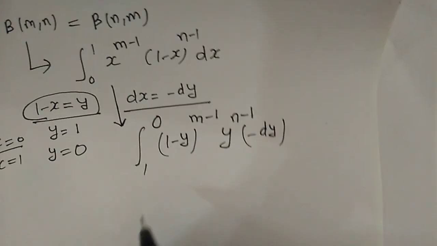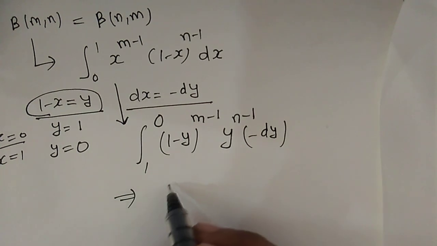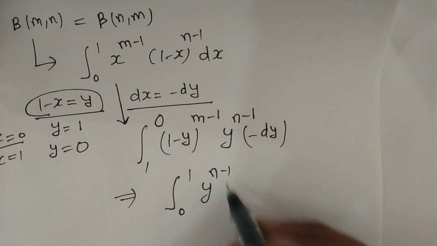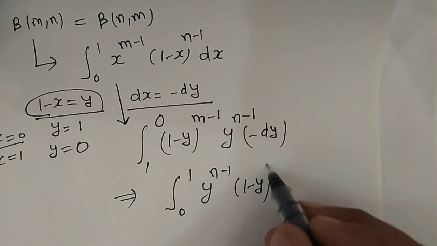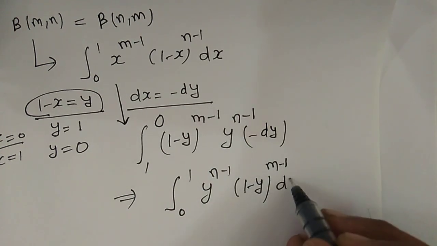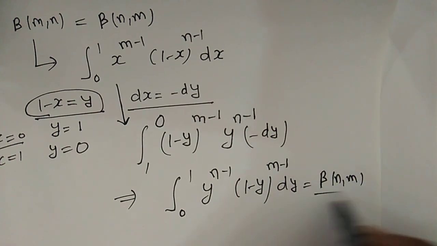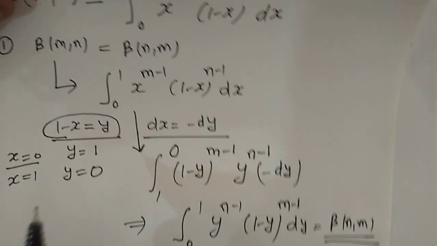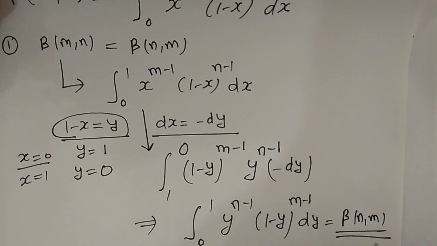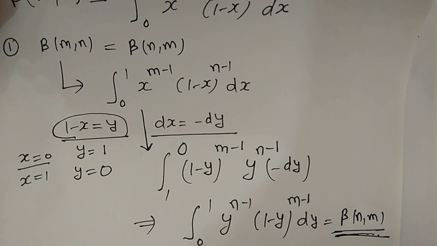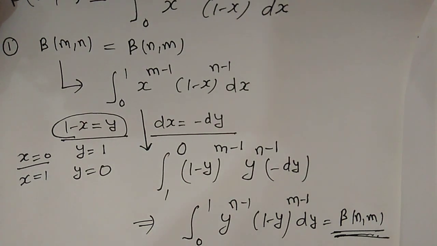With this minus, the limit will change, so it will be 0 to 1 of y^(n-1) (1-y)^(m-1) dy. So this is your B(n, m). So B(m, n) equal to B(n, m). It means this beta function is symmetric in m and n.